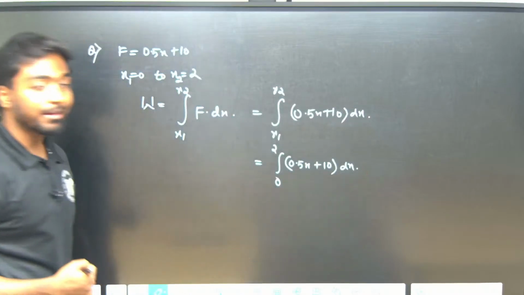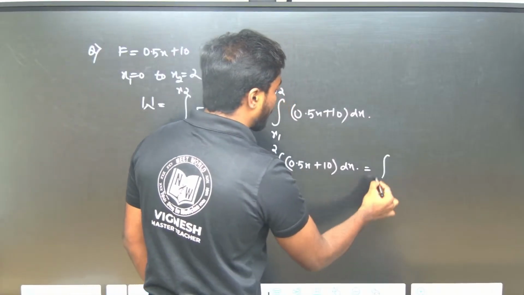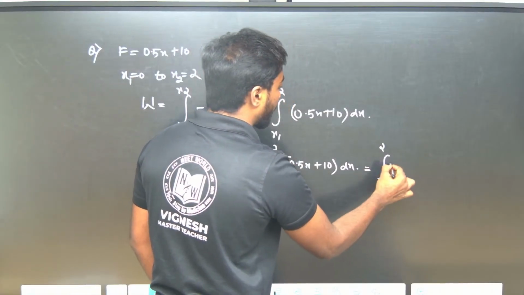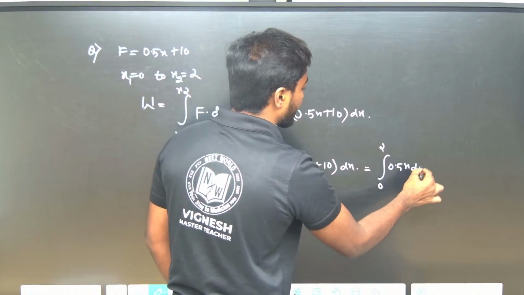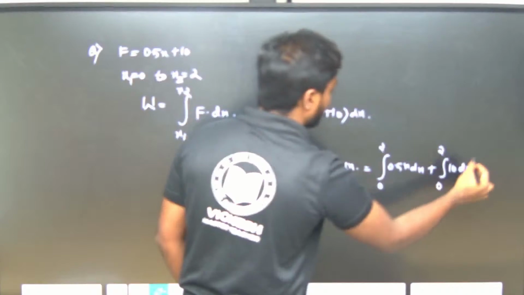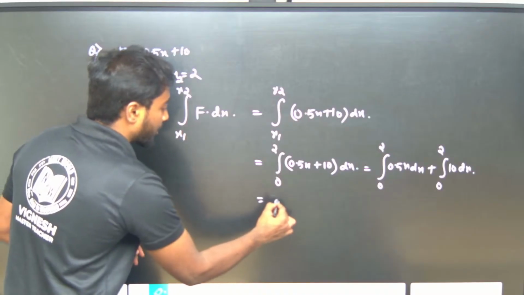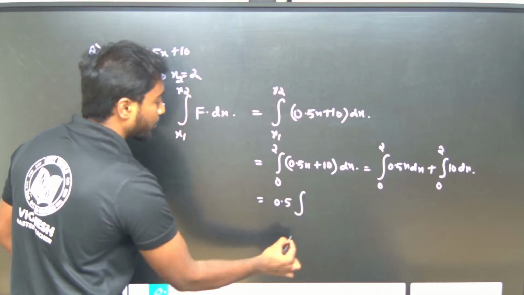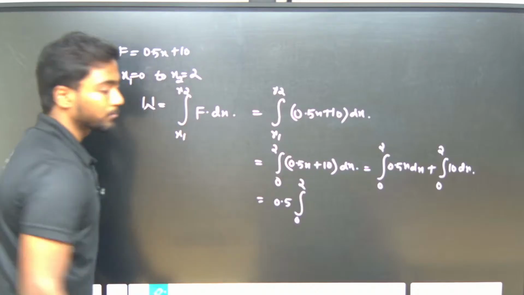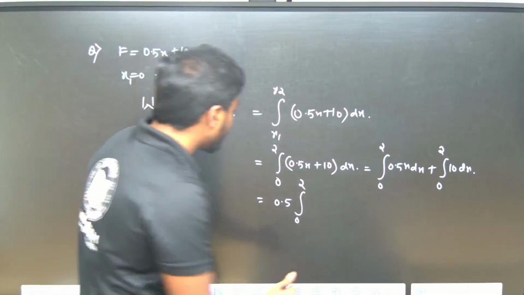Now I need to integrate it, so I will expand this. The integral from 0 to 2 of 0.5x dx plus the integral from 0 to 2 of 10 dx. 0.5 is a constant, so I will keep it as it is.